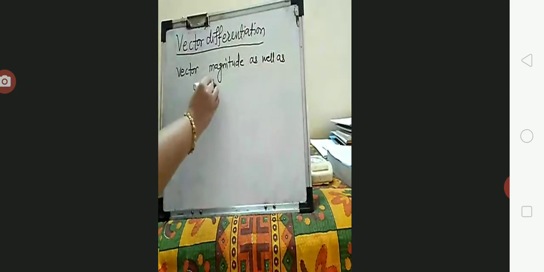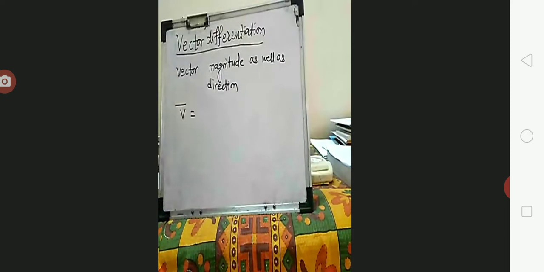Any vector we write as v bar. Bar means it is a vector, so here it is case sensitive. This is the vector we are talking about in 3-dimensional space.